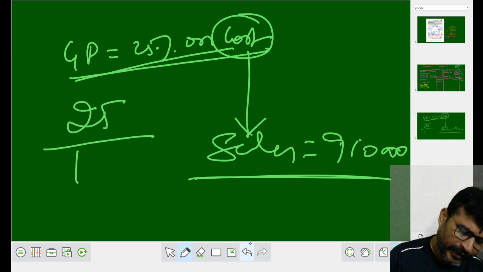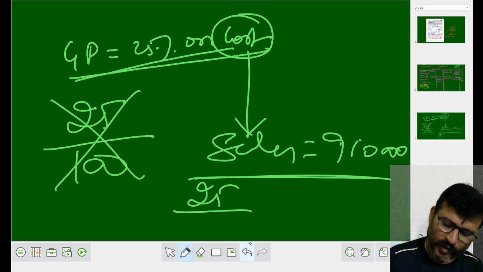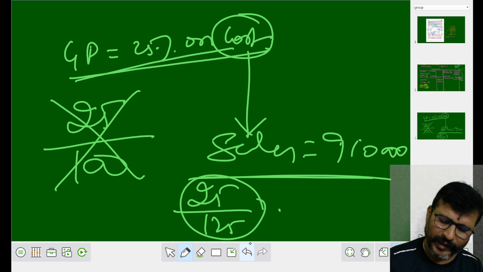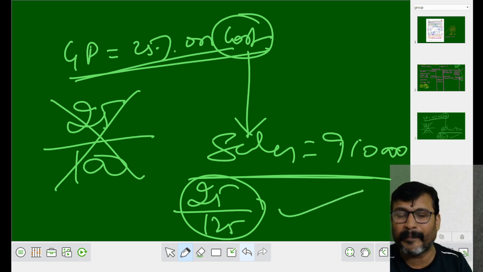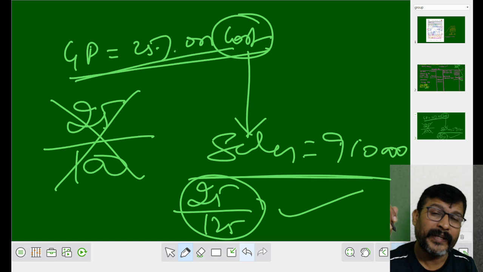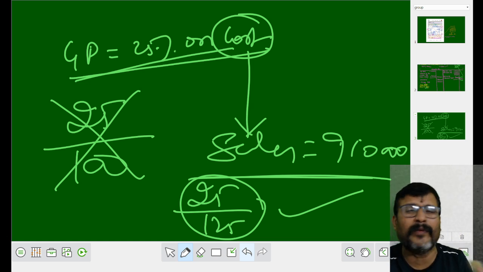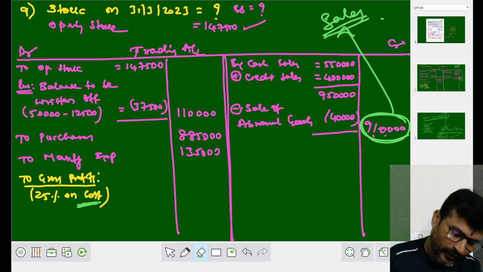Instead of 25 by 100, we have to take 25 by 125, remember, because there is a mismatch. If it is 10%, 10 by 110. If it is 4%, 4 by 104. If it is 12%, 12 by 112. Please remember this concept.